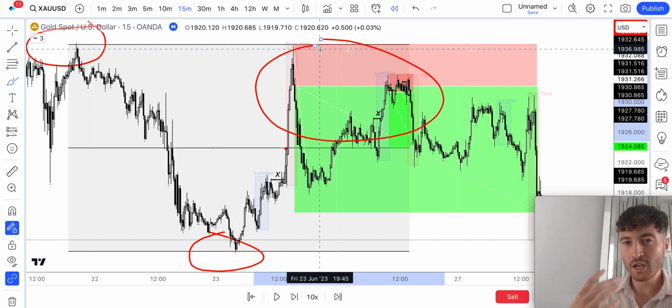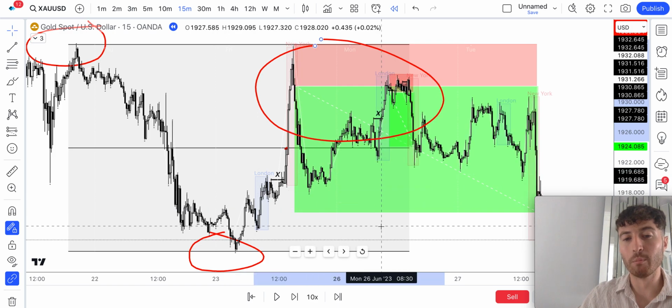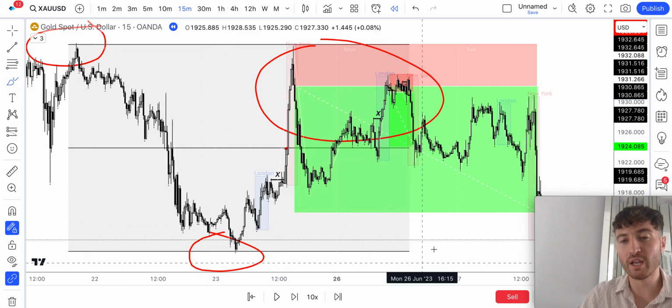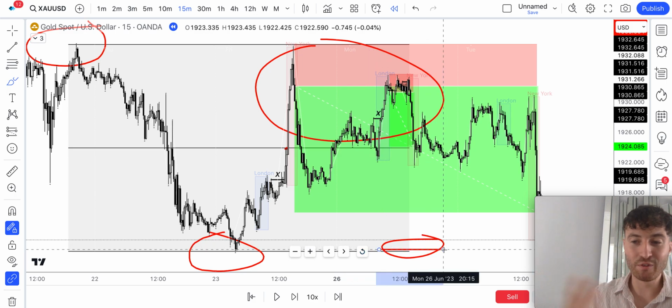Okay, we're then entering based off that entry schematic, and then looking at targeting a 1 to 3 as long as there's enough room for price, as long as there's a 1 to 3 before we get down to these equal lows here. Okay, so that's it for this video.